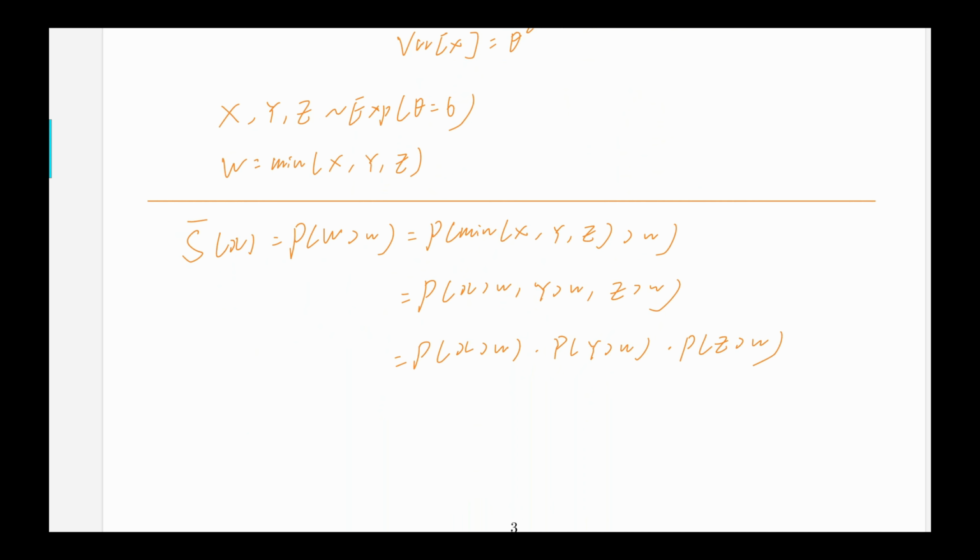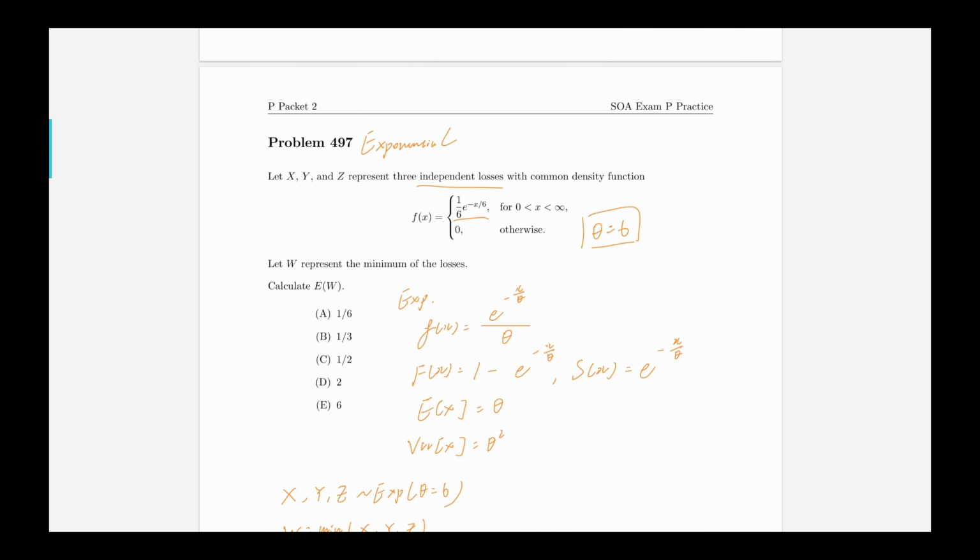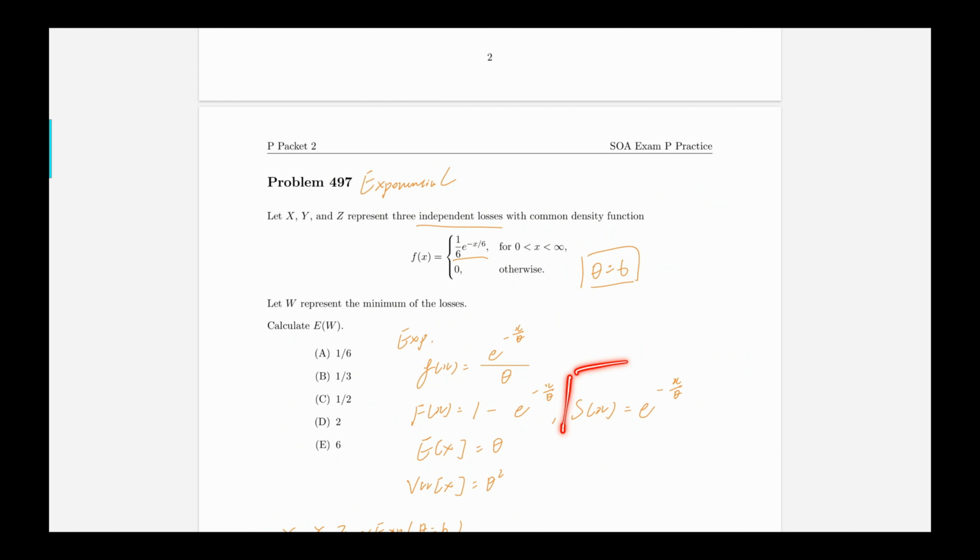And notice that this is exactly their survival function, S. So it is S of w times S of w times S of w. Basically, that's exactly their survival function.